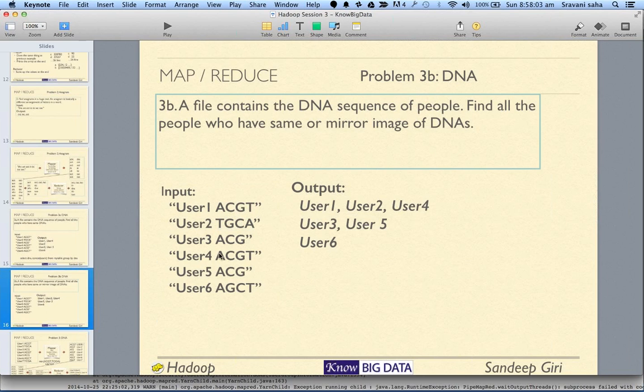If you reverse the string, you will get user 2's DNA, right? And user 4 is exactly identical to user 1. So user 1, user 2 and user 4 belong together. Is it clear now, Vidhi?